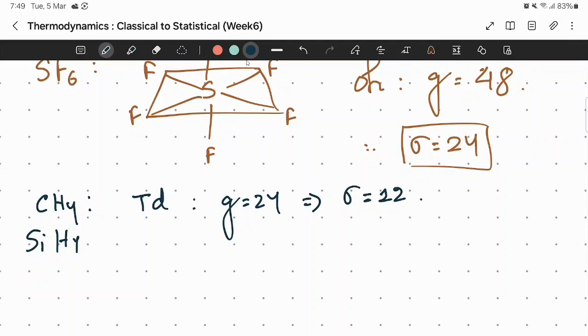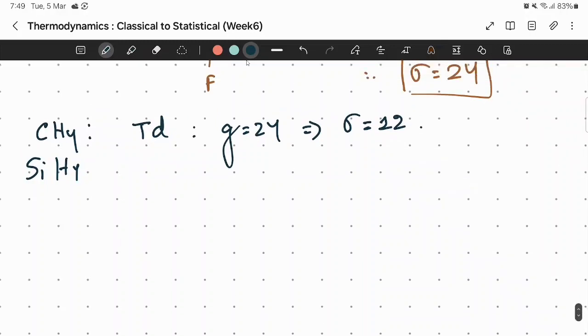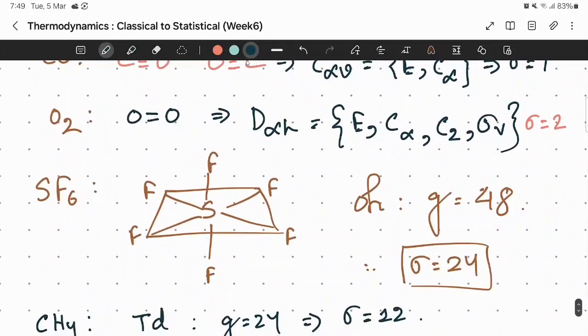So you don't have to remember; from there you can do it directly. If it's an unknown molecule, you just have to figure out the point group, then the order G, and from there you can do it. So this formula is very important: just the order of the point group divided by 2 directly gives the symmetry number.